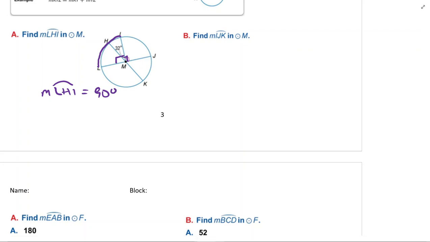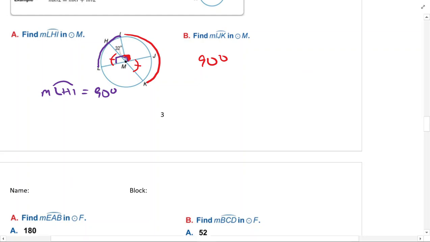In the next problem, we want to find the measure of arc IJK. Arc IJ, this arc is 90 degrees. This arc right here would be congruent to this arc, so we could find out the measure of that arc if we wanted to.